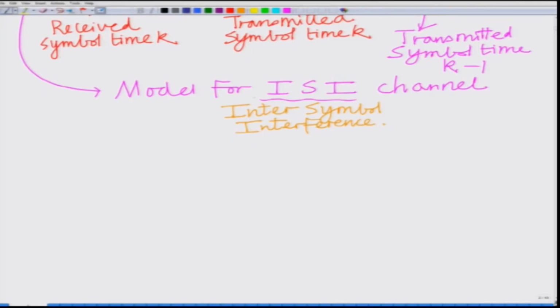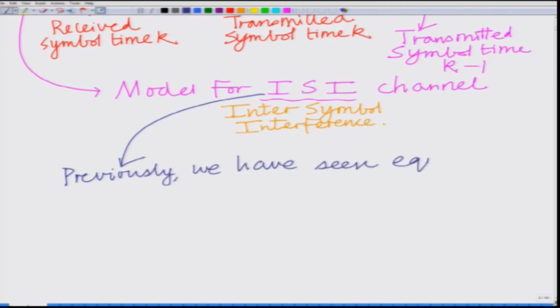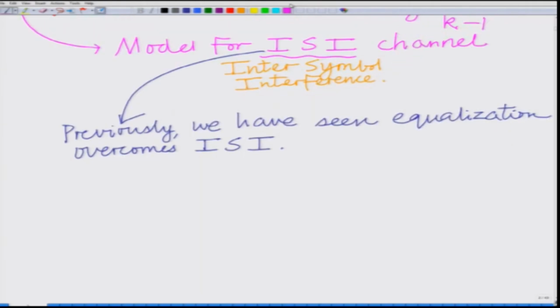So, previously we have seen equalization overcomes ISI, and OFDM is another technology to overcome ISI even more efficiently. More efficiently meaning lower computational complexity, so that it is easier to implement.